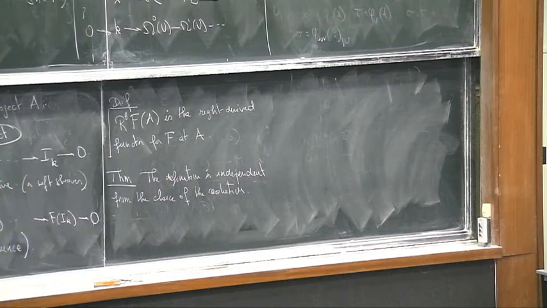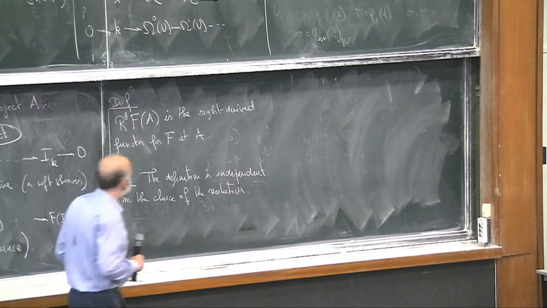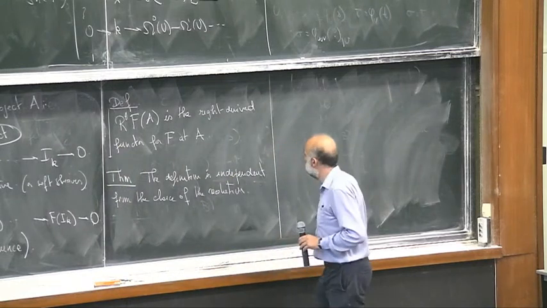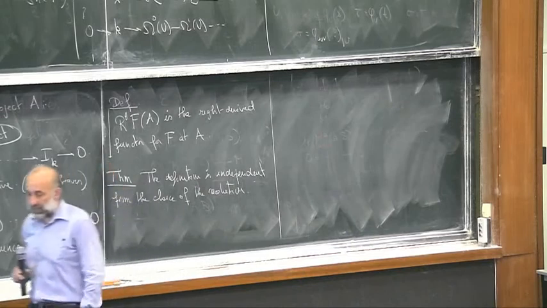Even if you're using flabby sheaves or anything, the crucial fact is that you take two such resolutions, and you look at the identity map from A to A, and by using this property of extension, you build a map from I0 to J0, I1 to J1 and so on, and you get a morphism, and eventually you show that this gives you an isomorphism in cohomology, because it gives you a chain map. So that's the idea.